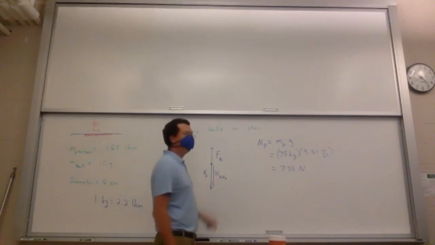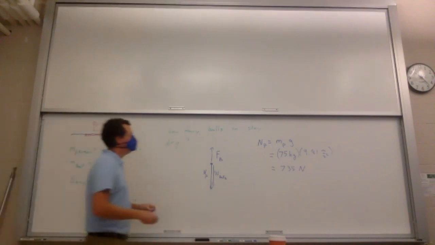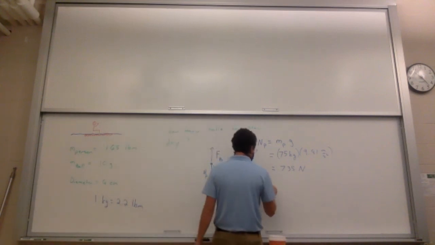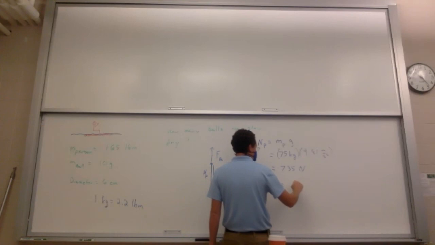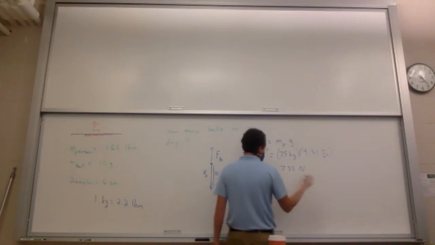What about the weight of the balls? So what's the formula? Tell me what to write. 10 g over 1,000. Okay, so 10 grams.